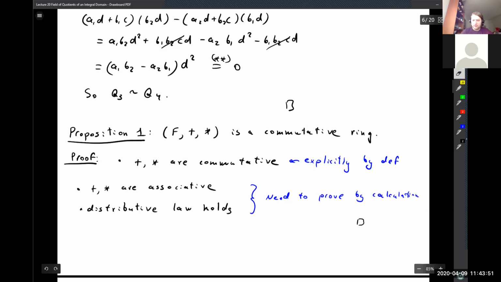Oh, sorry, I forgot to mention the following. First of all, the fraction 0 over 1 is the additive identity.